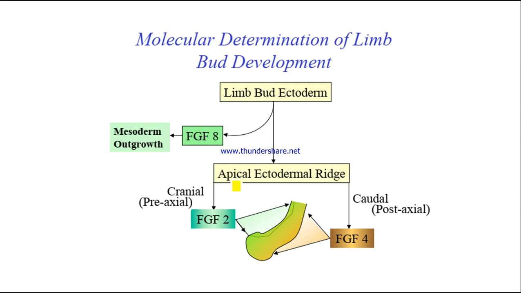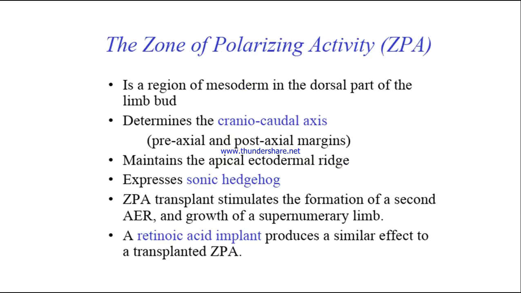We have the apical ectodermal ridge giving off FGF2 to the cranial or preaxial region, and of course FGF4 to the postaxial caudal region. So in the schematic we can see the different factors and how they influence the different axes.